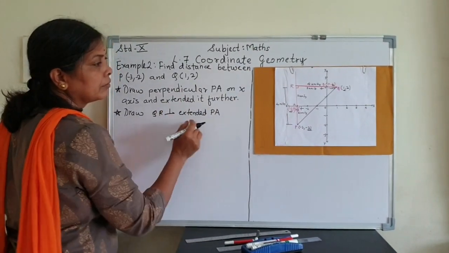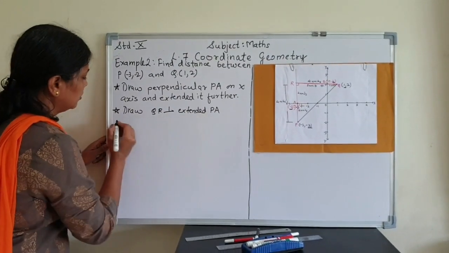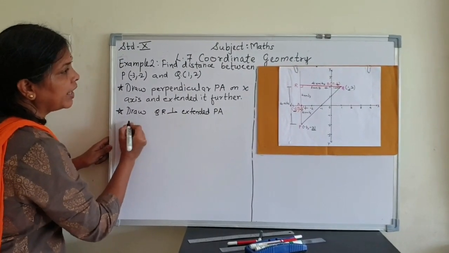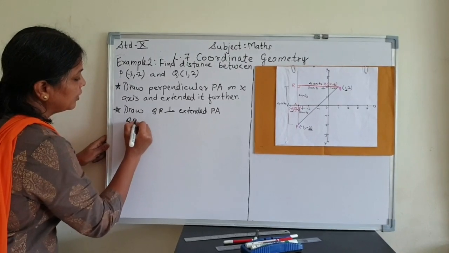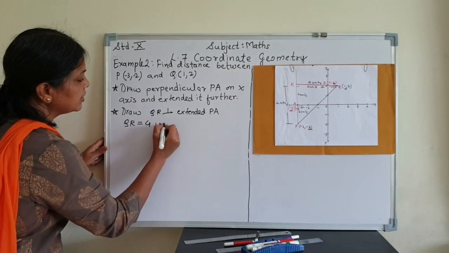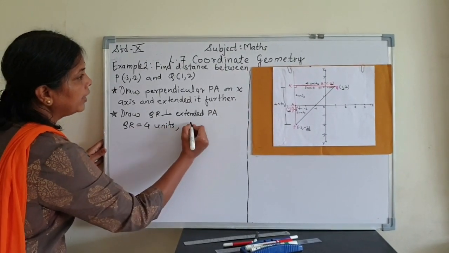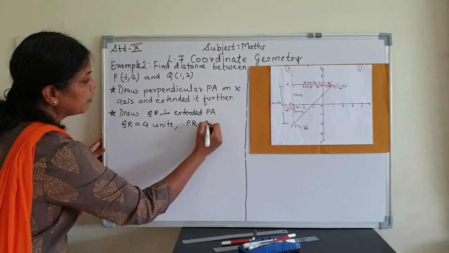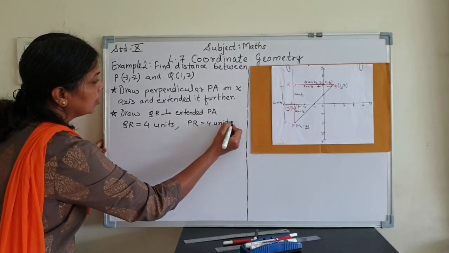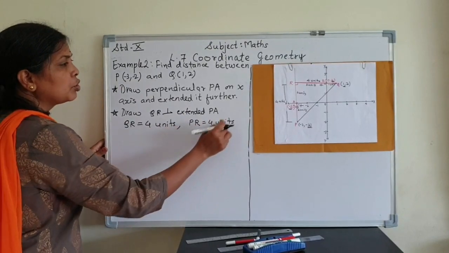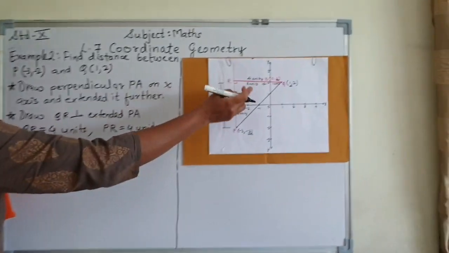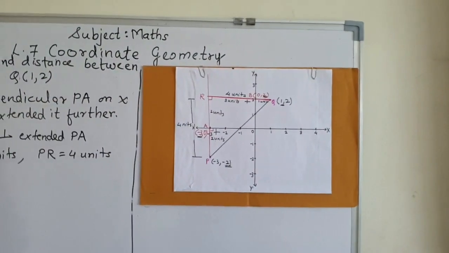Extended PA. And what next we get? Thus we get QR is equal to 4 units and PR is equal to 4 units. I hope you have understood this, how we get this as 4 units and this as 4 units.